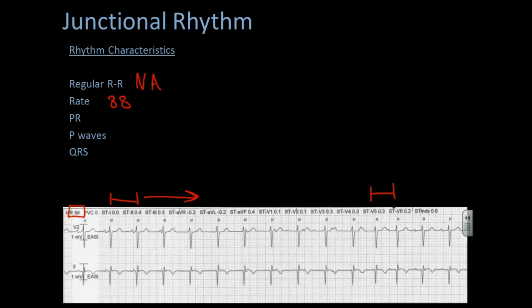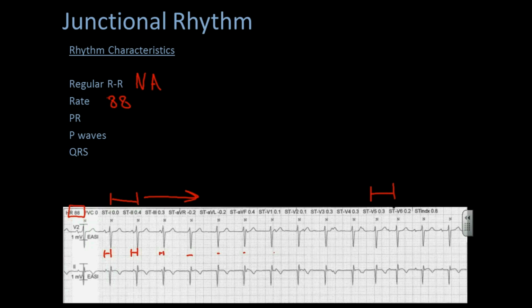Okay, and the PR, now this is where it gets tricky. Let's look at the PR. There's the PR, just drawing it underneath here. But then it gets shorter, almost non-existent, and then it just disappears. And there's nothing.